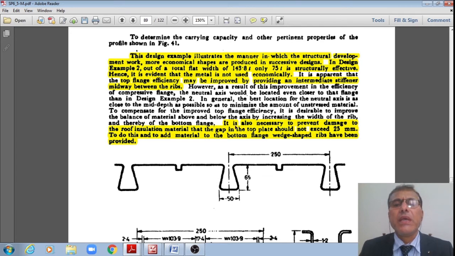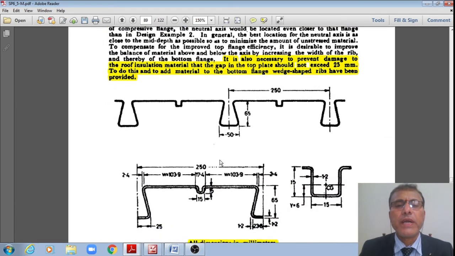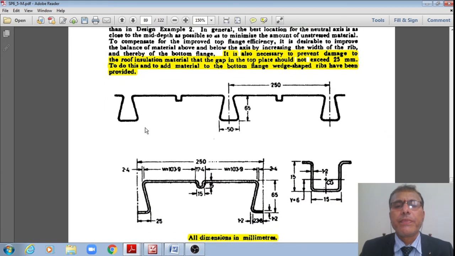However, now let us say it is also necessary to prevent damage to the roof insulation material, that the gap in the top plate should not exceed 25 mm, right? That is all. And to do this, to add material to the bottom flange, wedge shaped ribs are now provided, right? That is how the profile is, student, right?